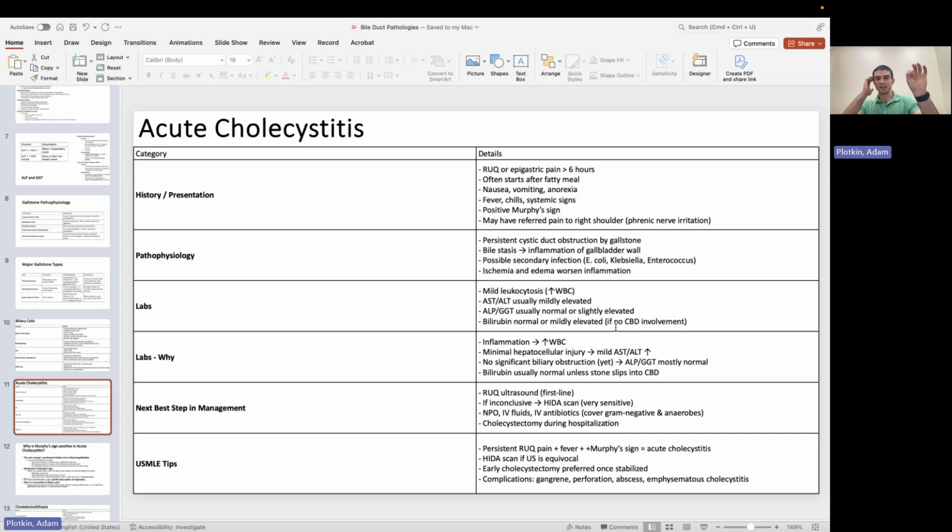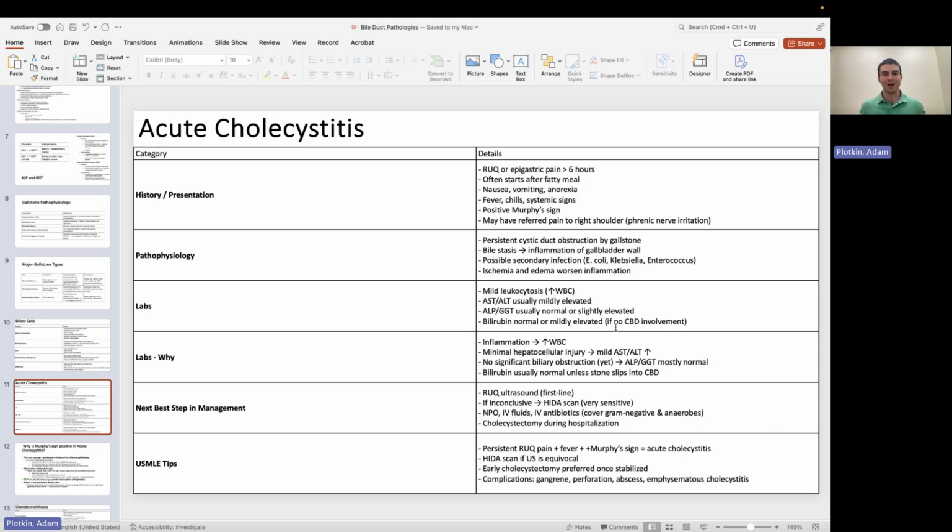So if it's just the cystic duct, there's no reflux of bile back into the liver and into the intrahepatic bile ducts. So there's no inflammation, fibrosis, or scarring of the intrahepatic bile ducts in the liver itself. So there's not going to be too much of a release of ALP and GGT. We can get some because the gallbladder itself is obviously made up of bile duct, and the cystic duct is a bile duct, right?